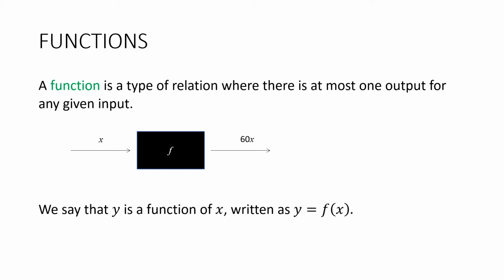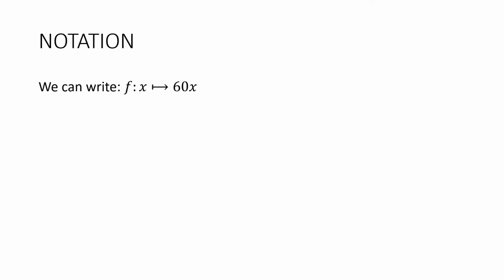So we say that y is a function of x, and we write it like this. y is equal to f of x. That's how we say that. So instead of having y equals 60x, now we've got f of x equals 60x. It can also be written this way, and this says that the function f is defined as when x is inputted, it is transformed into 60x, or 60x is outputted.